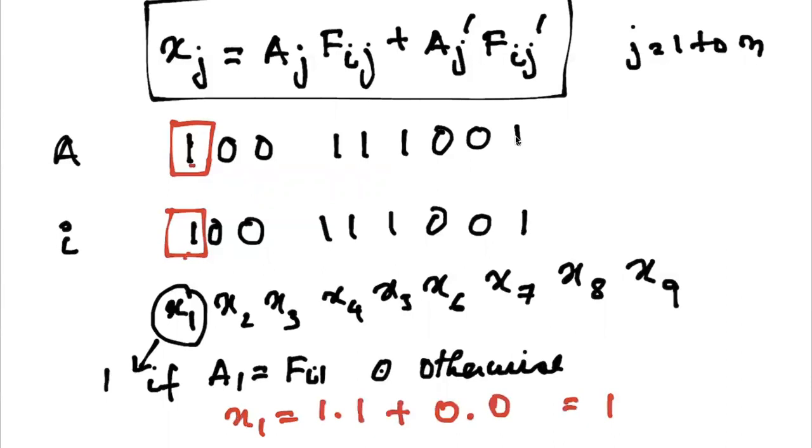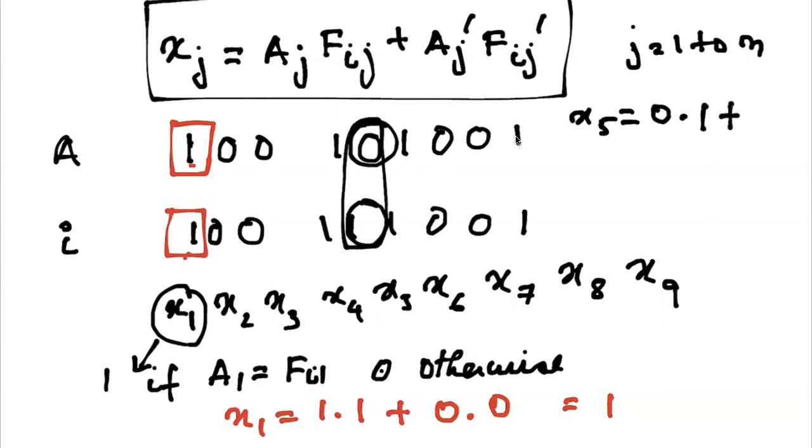Let's change this a little bit. Let us consider that this is a 0. So I'm comparing this now. When I'm comparing this, this would be x5. So x5 would be aj, which is 0, and fij, which is 1, or the complement of this, which is 1, and the complement of this, which is 0.